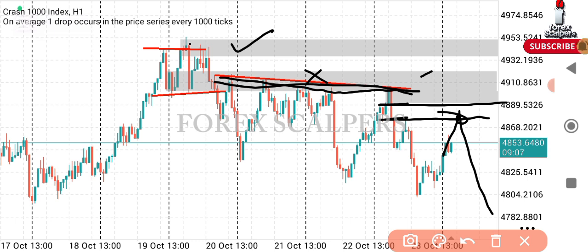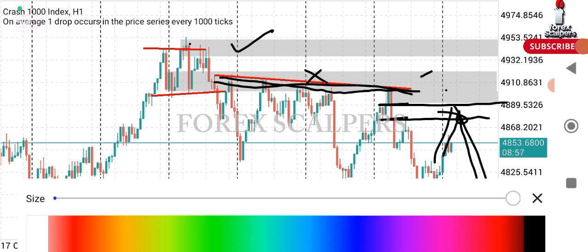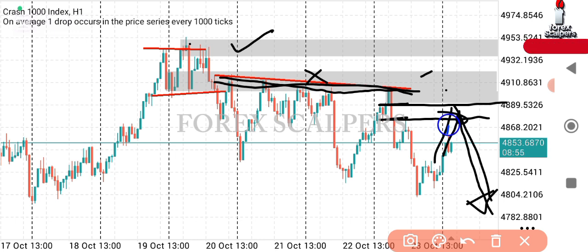So if price fails to play this particular order block and fair value gap to the downside, it simply means that price will now push to this upper zone to mitigate this particular order block. Okay, then it will begin to drop from that zone. That is, this whole liquidity on this zone will be taken, and then price will begin to fall to the downside. So that is how exactly you can do your analysis.